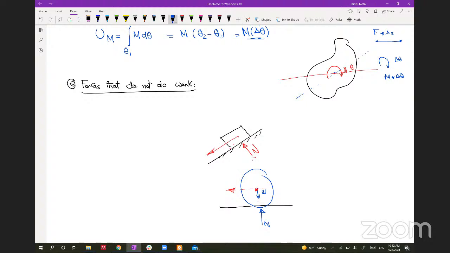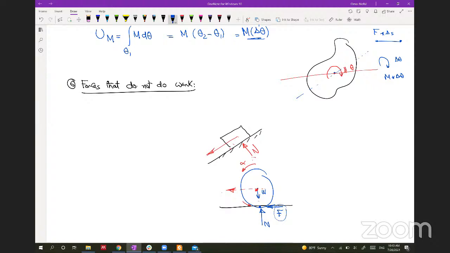And also one new thing, this wheel has an alpha this way, and this wheel is moving this way, which will at some point come here and there will be a friction this way. This friction doesn't exert any work even though it's in the direction of motion.